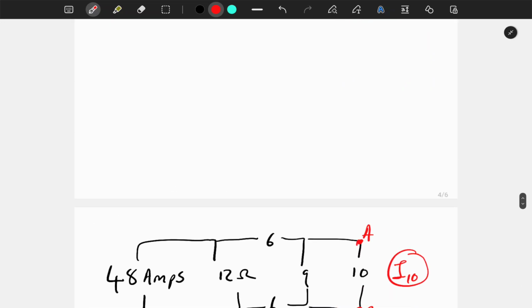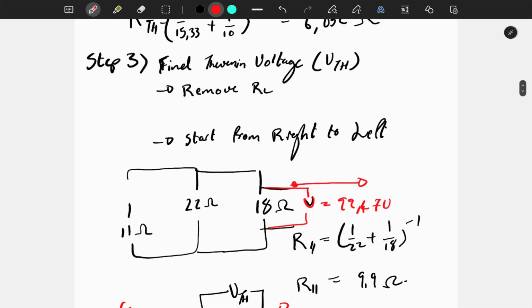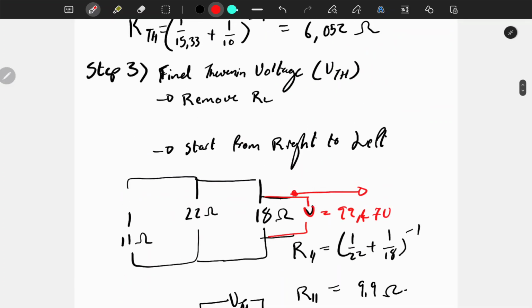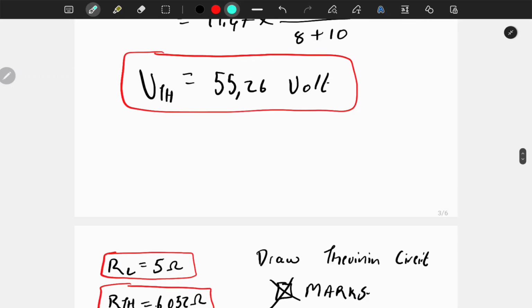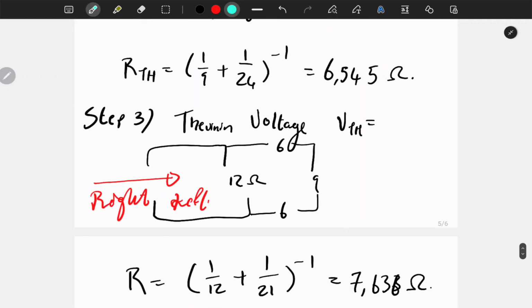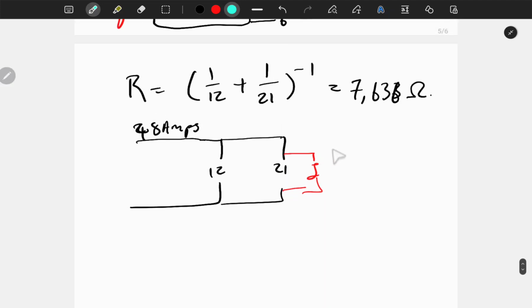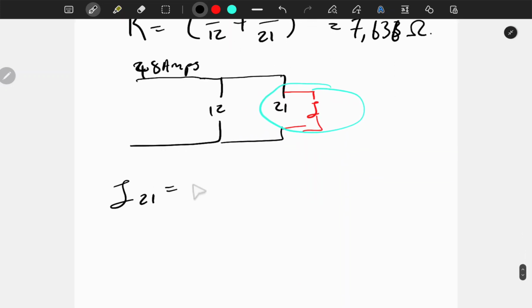So previously we saw from this example that I did, we found the voltage, right? So now for current, because current is given, we are going to look for the current at this position, right? So the current at 21 is equal to the total current multiplied by the resistor parallel over sum of the resistors, right?